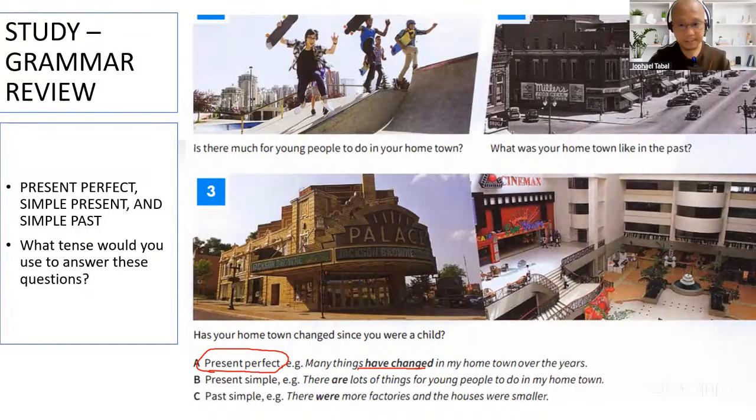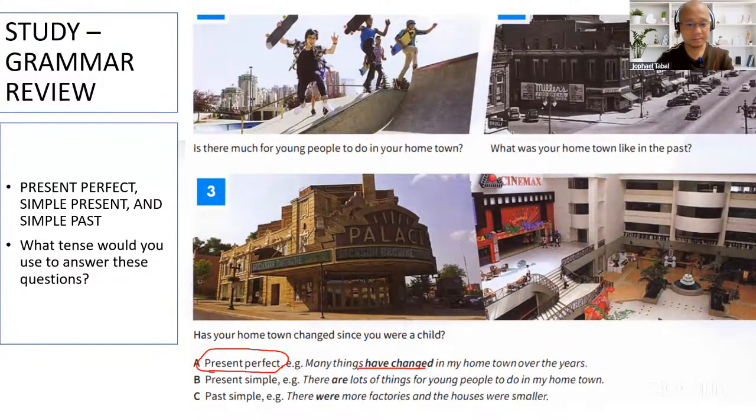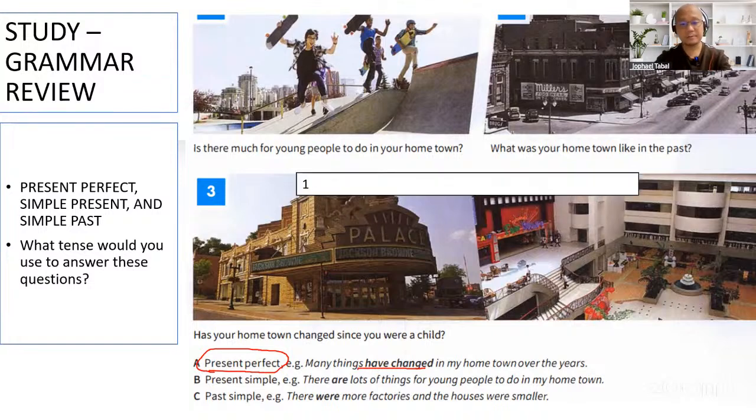Let me give you more examples here so you would understand. Today, more buildings have been built. Let me make it simple for you, so that you can practice this one. So again, when you talk about changes, for example, today, this is present perfect, right?